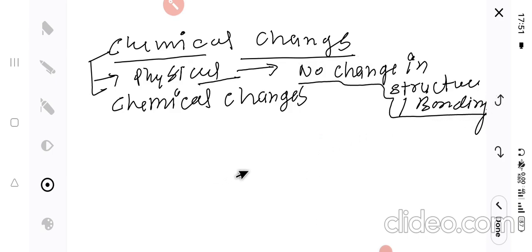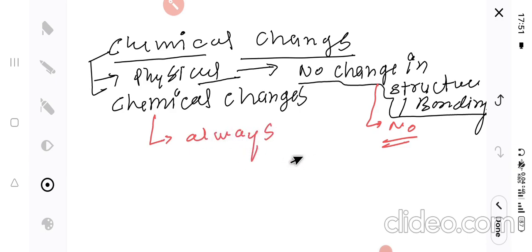A fundamental character of physical changes is that no chemically new substance is ever formed. But in chemical changes, a new substance is always formed.